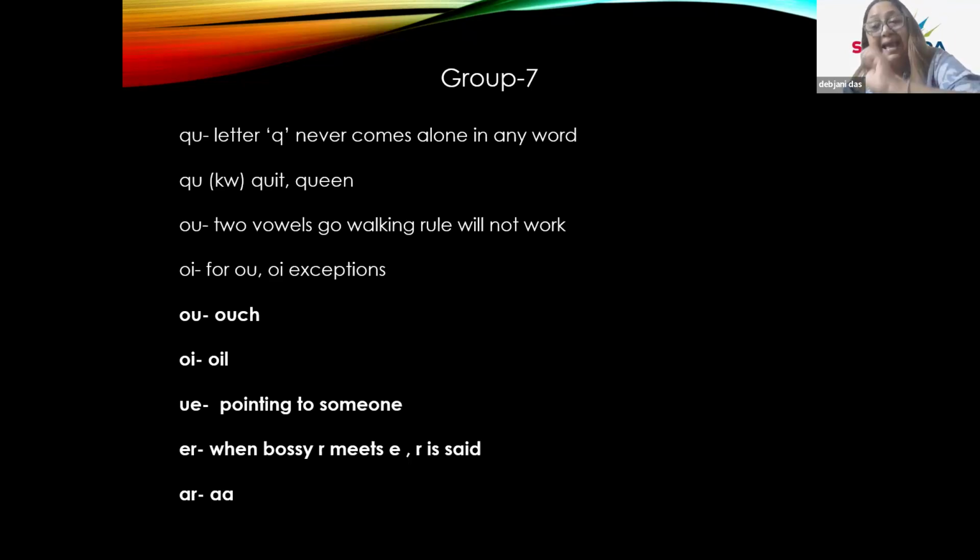And then double L. That also is a digraph, because we are not pronouncing it separately; we can only hear one single sound, that is shell. So again, underline it and put the dot. So this shell will have 3 sound buttons.